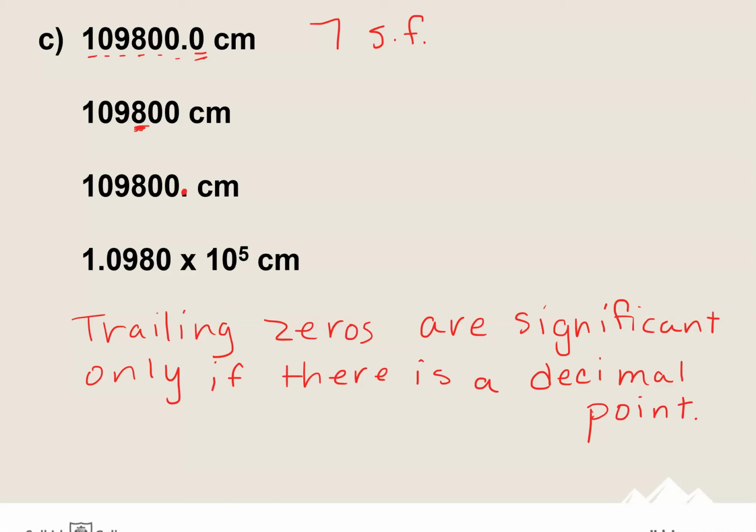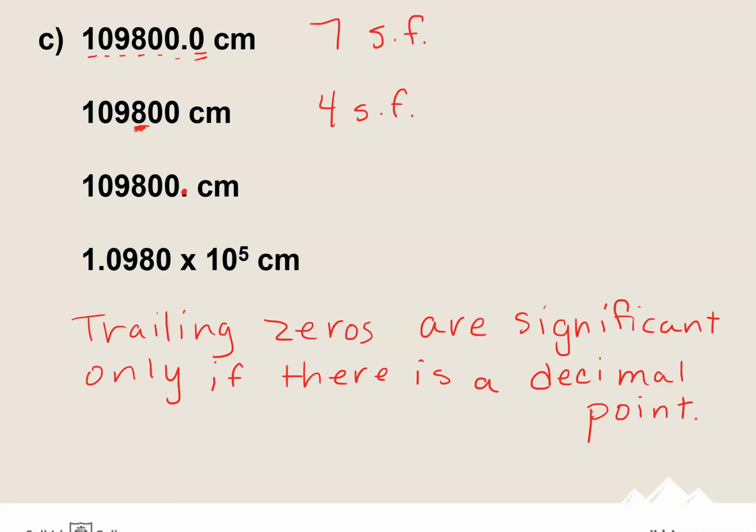That's going to let me express different levels of precision. The second number here that doesn't have a decimal place has 4 significant figures. The trailing zeros don't count. And what that's telling me about the measurement is that I can trust it to the nearest 100 centimeters.